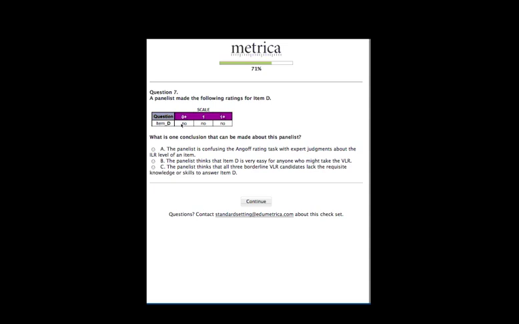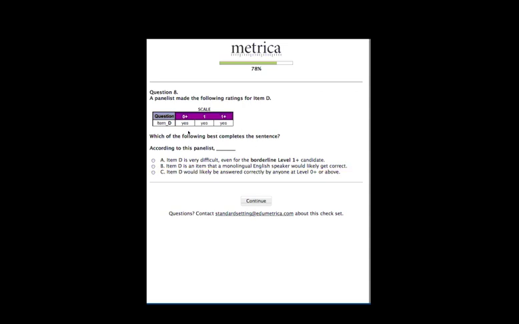Quite the contrary. This person believes that even a borderline level 1+ person would not get the item correct. What about C? Does the panelist think that all 3 borderline VLR candidates lack the requisite knowledge and skills to answer item D? Yes, he or she does believe that, because they answered no, no, and no.